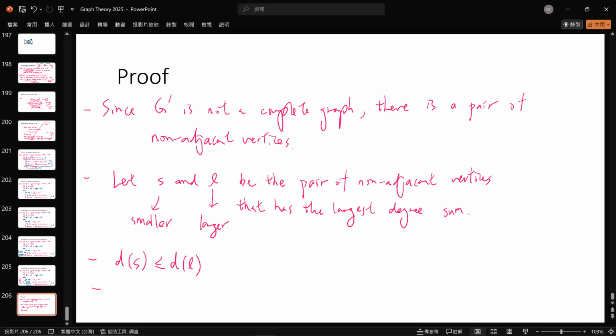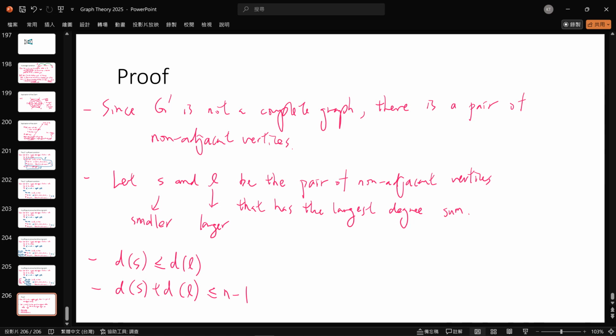So I claim that the degree sum is at most n minus 1. Can you see why? Here we consider the degrees on the closure, not the original graph.